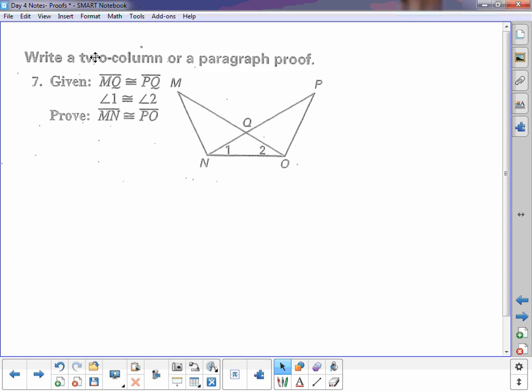So go ahead and copy down this proof and this picture. This will be our last for today.